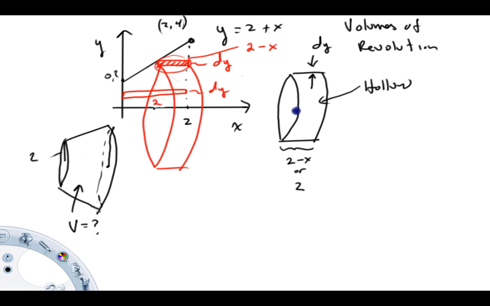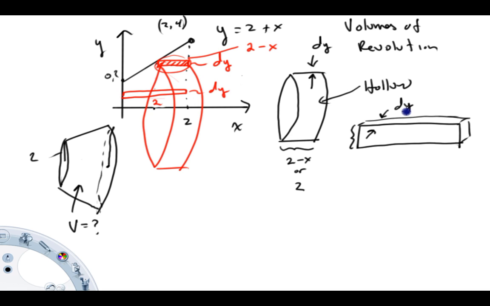Now, if you were to take this and cut it and unfold it, it would basically be a rectangle now. It would look like this. I've exaggerated the thickness of it greatly. This length is the 2 minus x, or the 2, depending on which one of these rectangles we're talking about. The thickness, this dimension this way, is the dy.